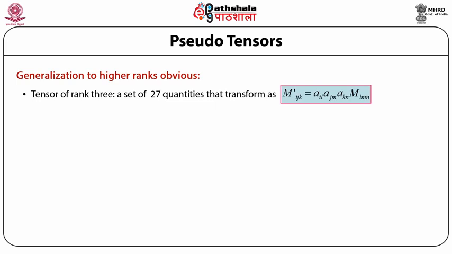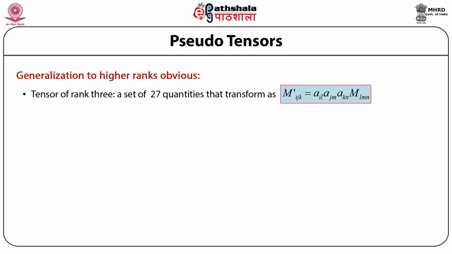then M prime subscript i j k is equal to a subscript i l times a subscript j m times a subscript k n times M subscript l m n, where the quantities a subscript i l, a subscript j m, and a subscript k n are the coefficients which execute this transformation.